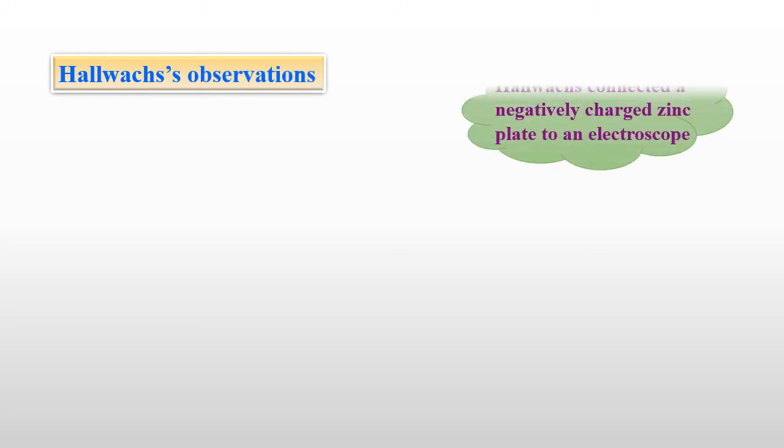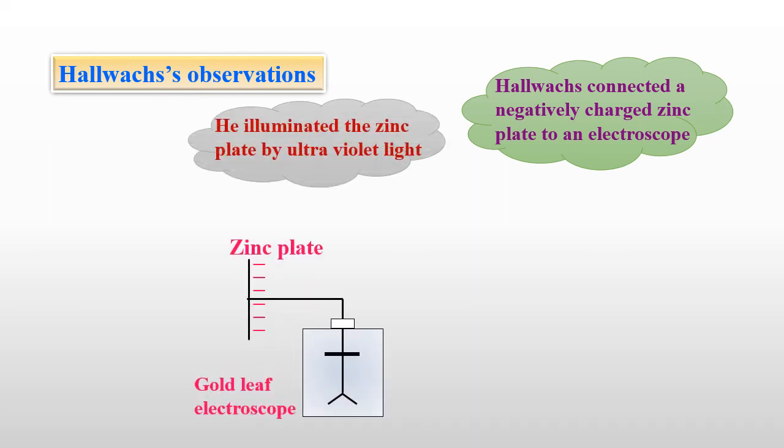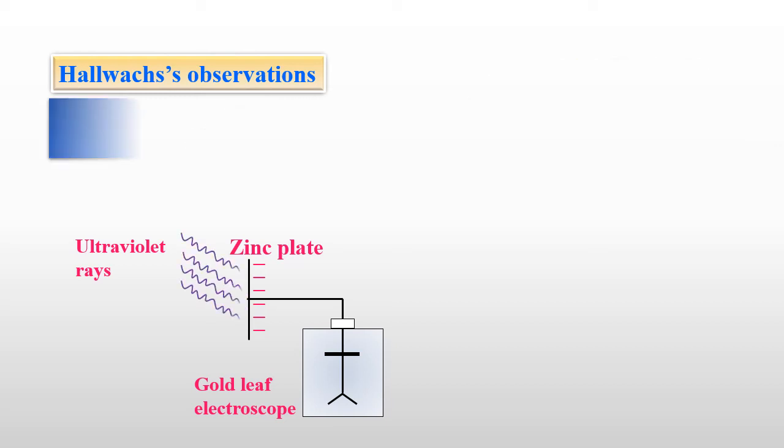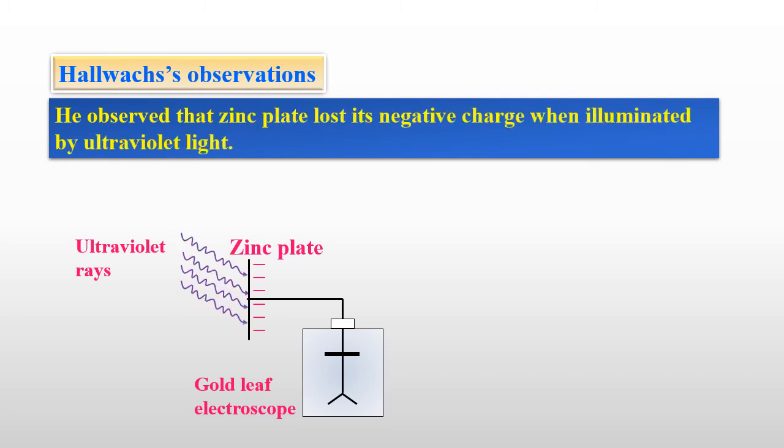Hallwachs's observations. Hallwachs connected a negatively charged zinc plate to an electroscope. He illuminated the zinc plate with ultraviolet light. He observed that the zinc plate lost its negative charge when illuminated by ultraviolet light.